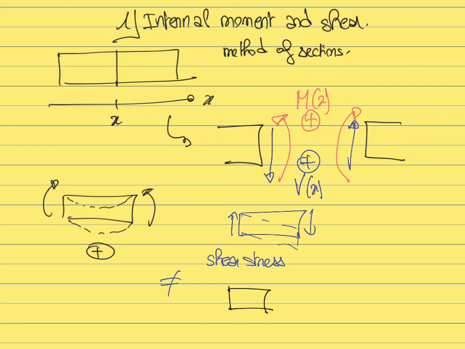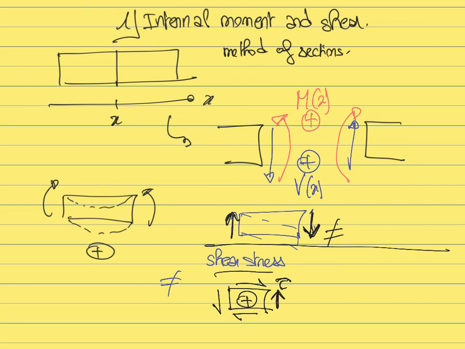If you isolate a small infinitesimal volume of a given member, the positive sign convention for the shear stress tau is like this, which is the opposite of the sign convention for the internal shear load, where the internal shear is defined as being positive if it's going down on the right and up on the left.